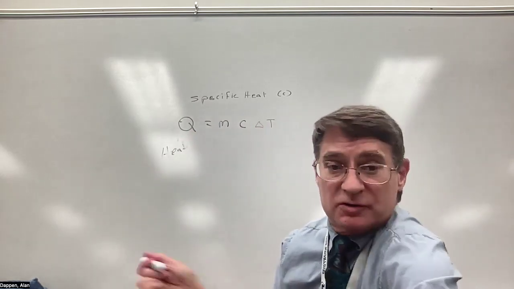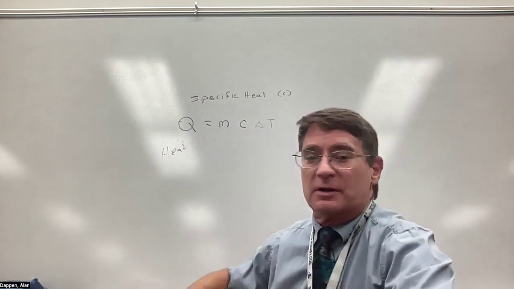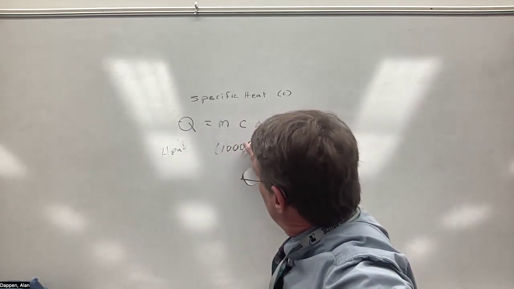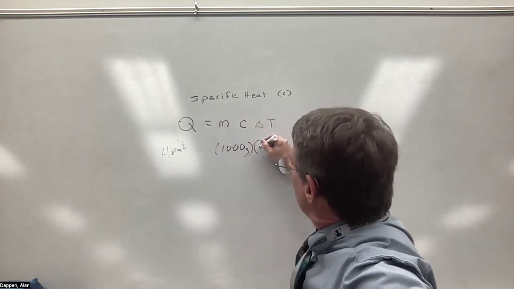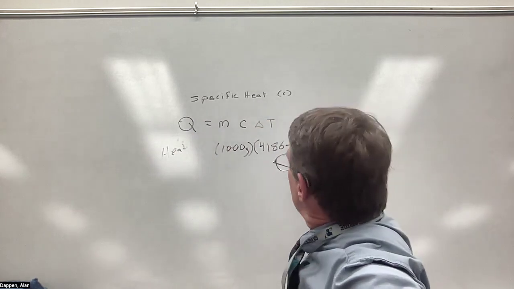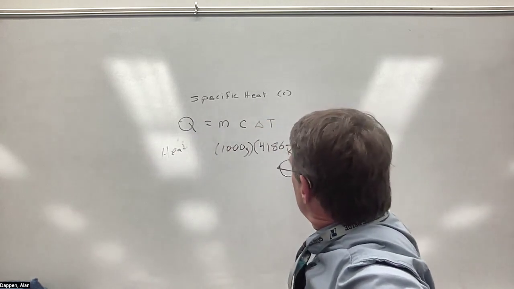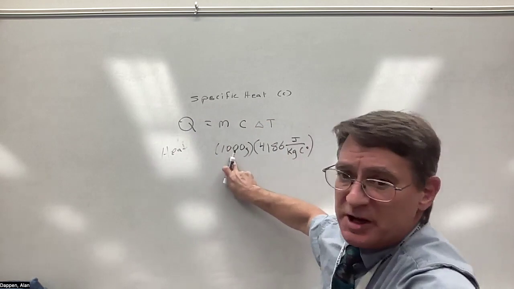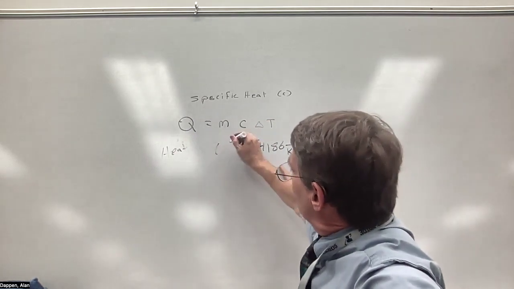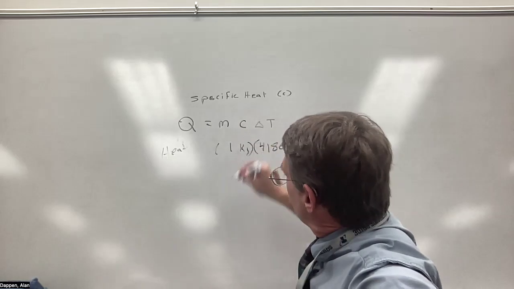So for example, say we have a liter of water, that is 1,000 grams, and the specific heat of water is 4,186 joules per kilogram per Celsius degree, which reminds me, I probably shouldn't have called that grams. Can I change that to a kilogram? Instead of 1,000 grams, let's call it a kilogram.